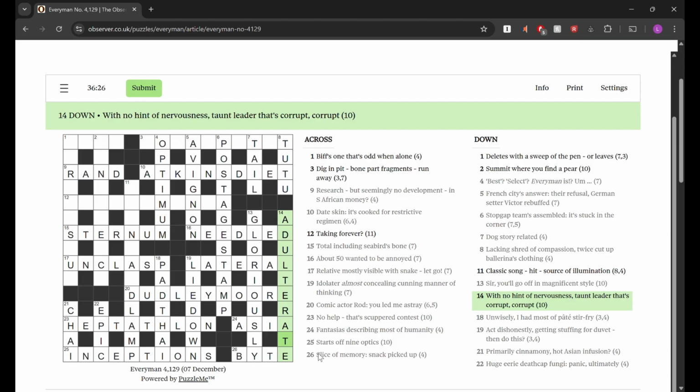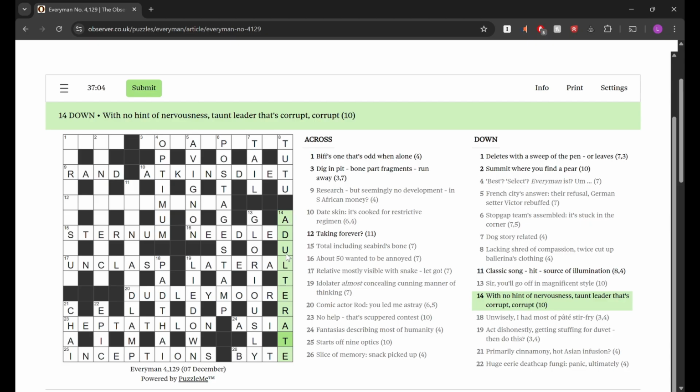Adulterate. Ooh. If you adulterate something, you corrupt it. Where are we getting all these letters? So we've got lead. We've got leader. So with no hint of nervousness, is that what we're taking out of taunt?